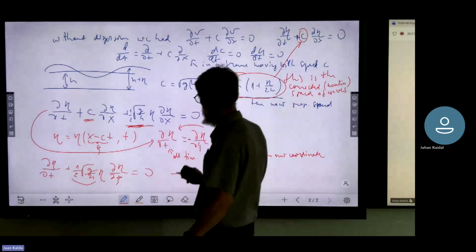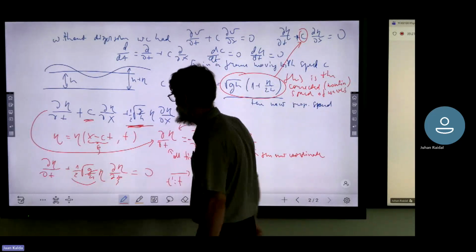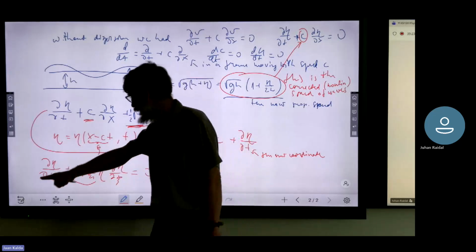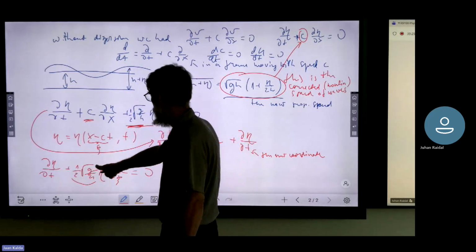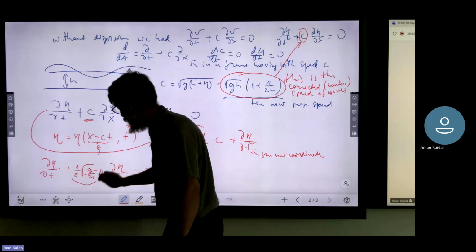So if we introduce t prime, we divide the right side and the other terms by this factor here.